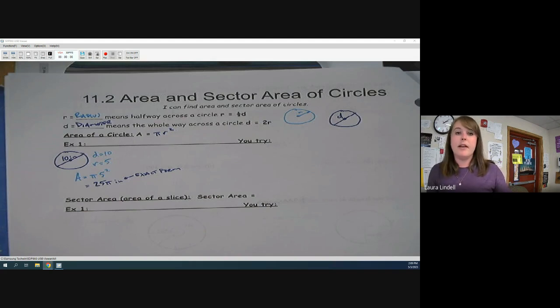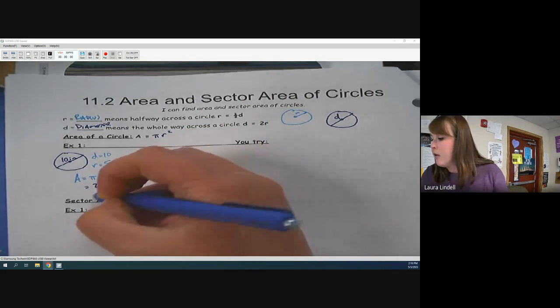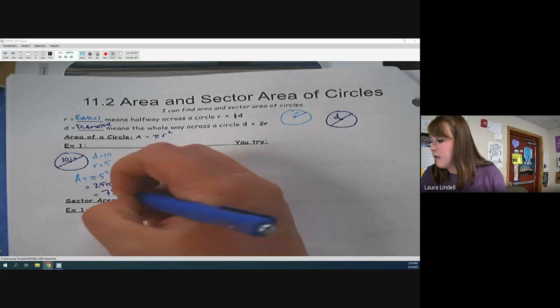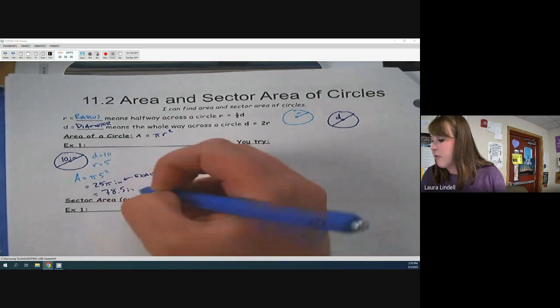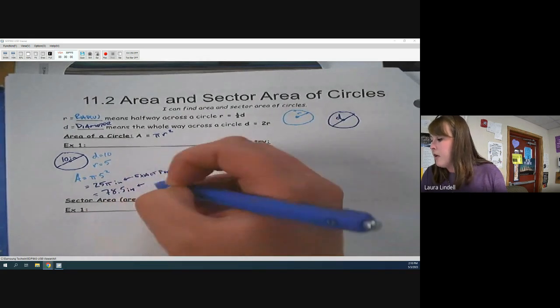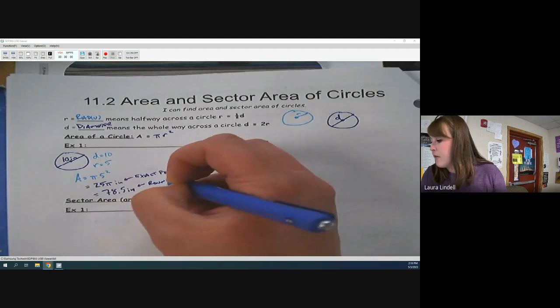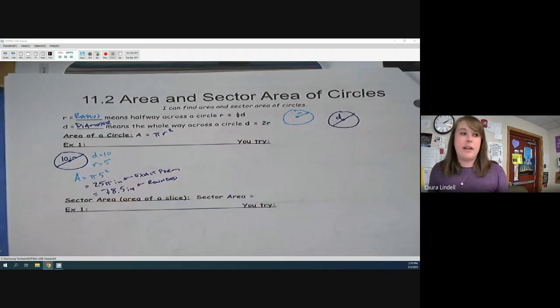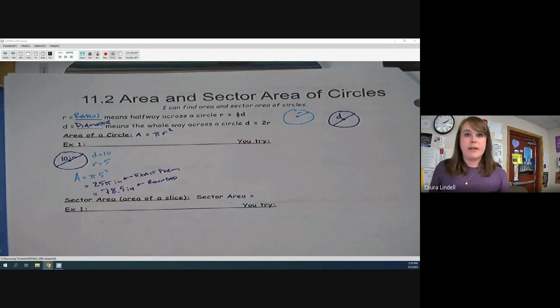I don't know what 25 pi inches looks like, but if I type it into my calculator, I might be able to visualize what 78.5 inches looks like, which is what that is if we type that into our calculator and round to the nearest tenth. So this would be our rounded answer. And again, these are both fine and would be correct in different circumstances, depending on what you're asked for in the question. So that's finding area.